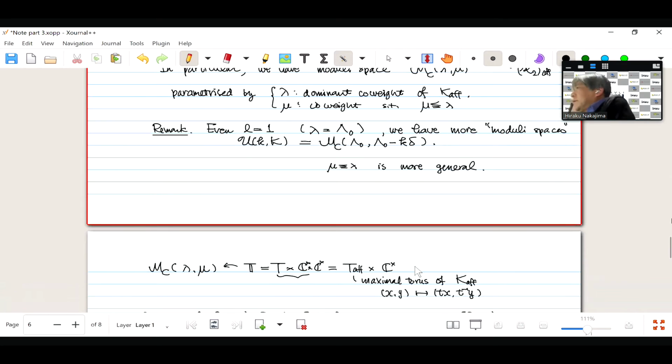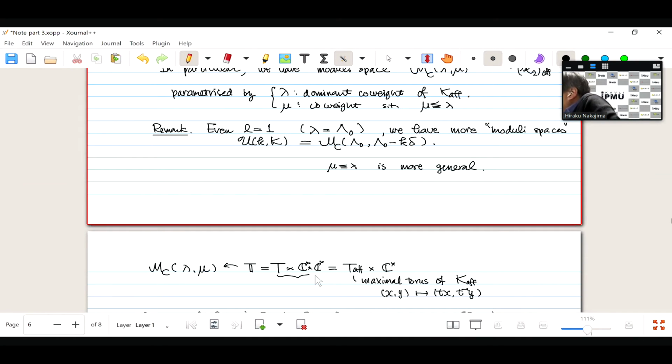And for this space, although we have more discrete data, a larger family of spaces, the property is very similar. So we have a torus of the same size acting on the space. So this is the maximal torus of the compactification, K times C star cross C star.